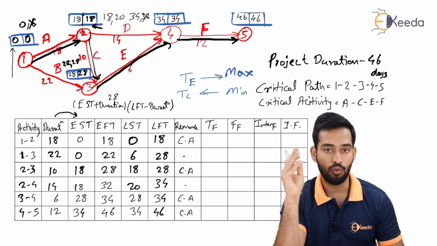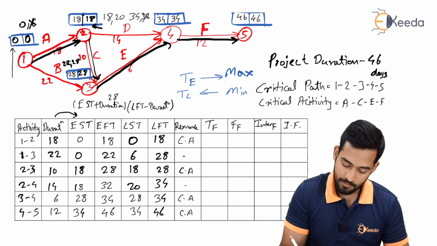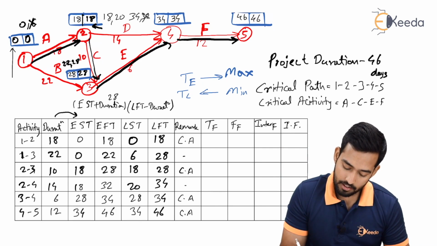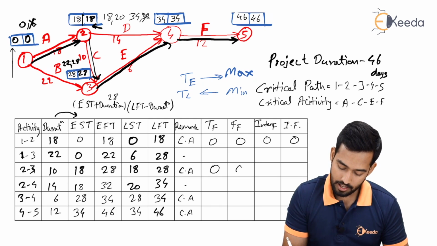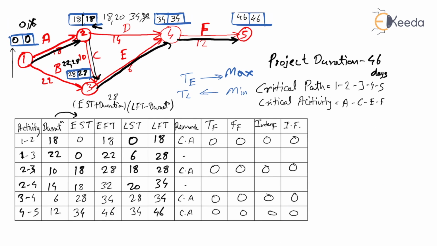So there is no float present for your critical activity. By writing this remark, we can directly write down the floats of critical activities as equal to 0. This will help to solve the example early, and this will help you save your calculations and energy.